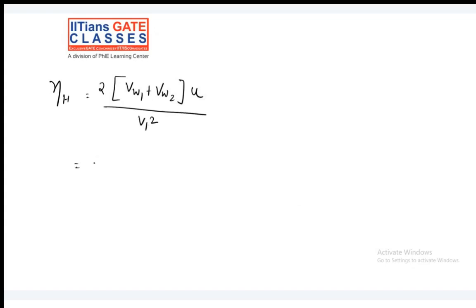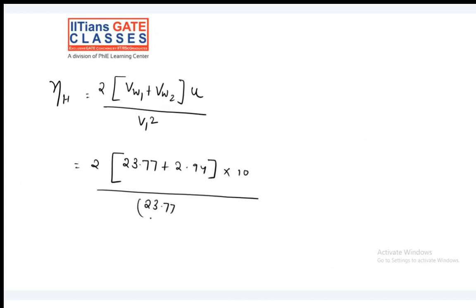So this is equal to 2, VW1 value is again V1, and V1 value was 23.77, plus VW2 value is 2.94, and U value is 10, and V1 value is 23.77, the whole square of it. Then the hydraulic efficiency is 0.9454, or we can say this is 94.54%.